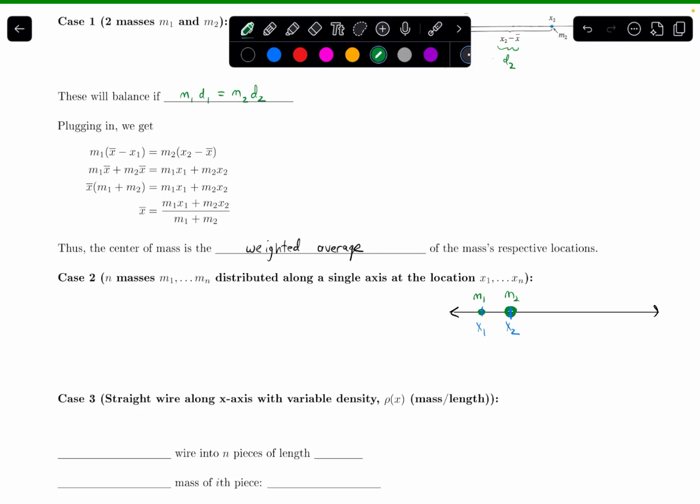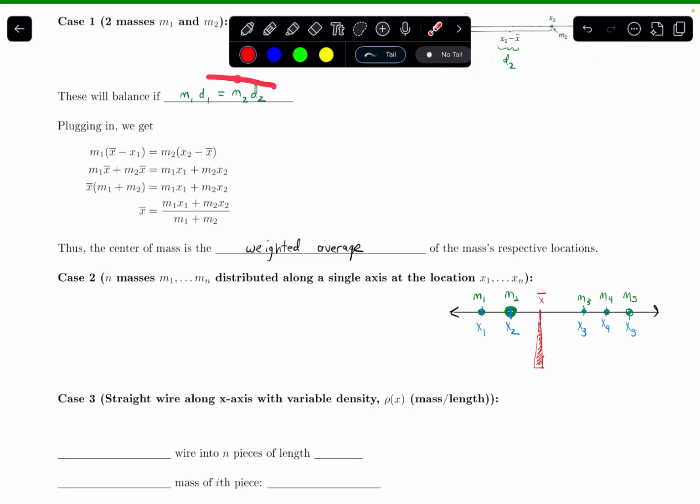Much further down the road, a much smaller one, m3 at x3. Then I'll draw two more, m4 and a slightly bigger m5, at x4 and x5. The center of mass is again the point where, if I place these masses on a rod, it would perfectly balance. I will call that x-coordinate x bar.